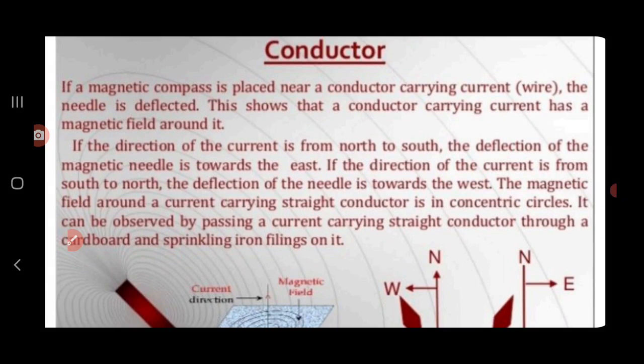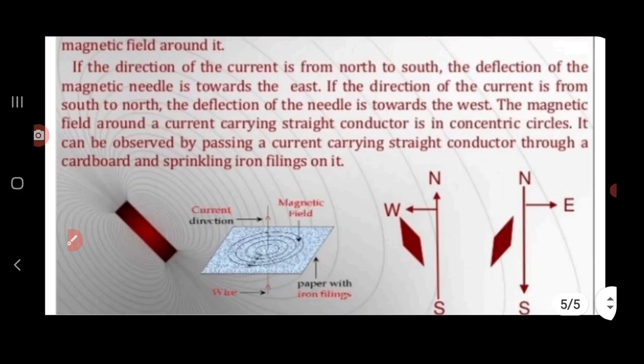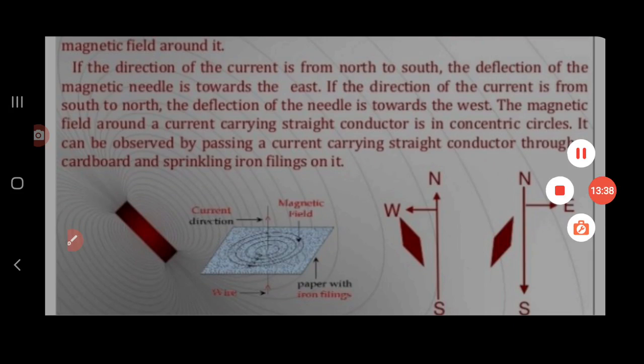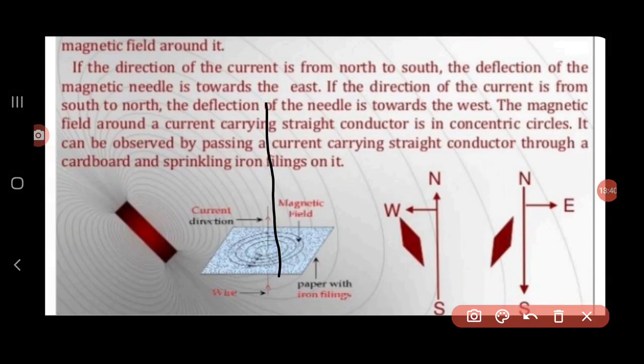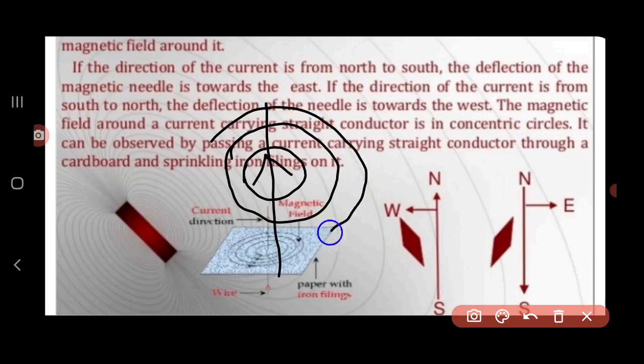And the direction of magnetic lines of force can be found out by using the right hand thumb rule. This rule states that if a current carrying wire is held in our right hand in such a way that the thumb indicates the direction of current, then the curling of the fingers will indicate the direction of magnetic lines of force. In the first diagram, figure 1, you see current is in the upward direction.